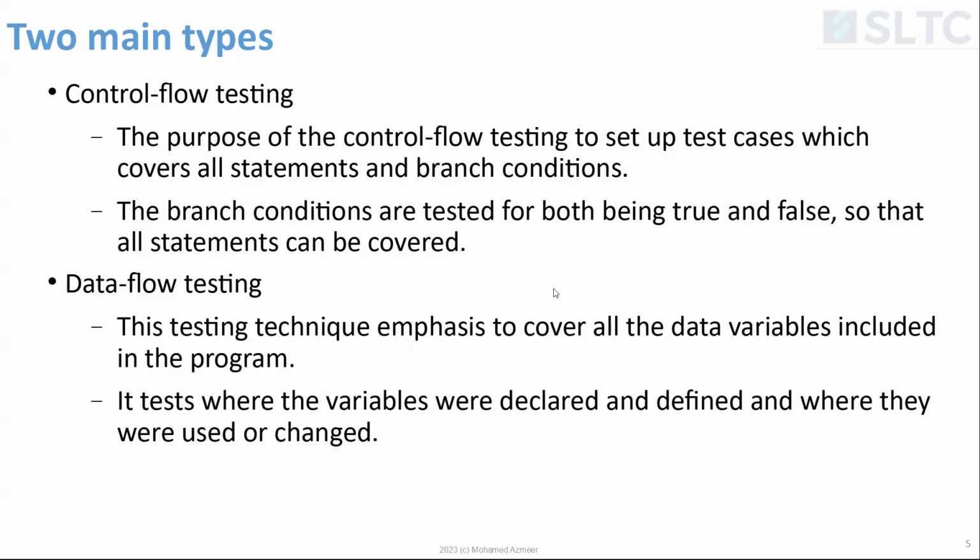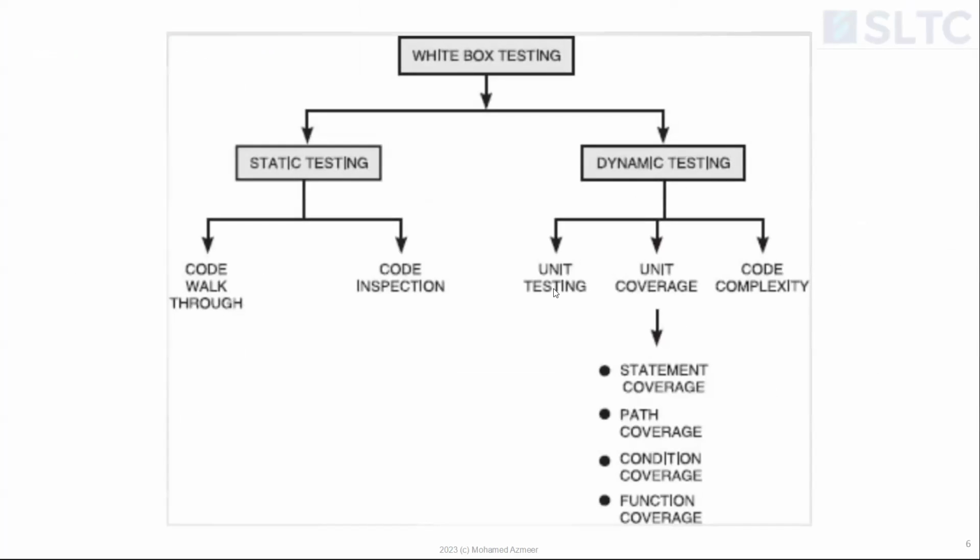So two ways of testing, white box testing, right? If you look at it from a diagram view, we have static testing and dynamic testing. Static testing is what we looked at just now, where you do something called code walkthrough and code inspection.